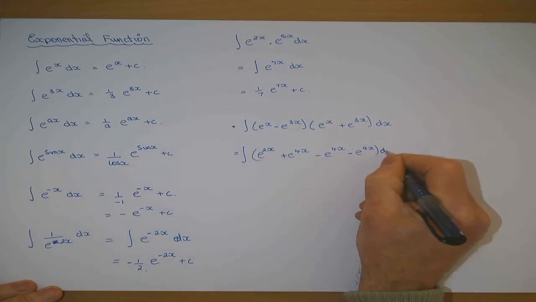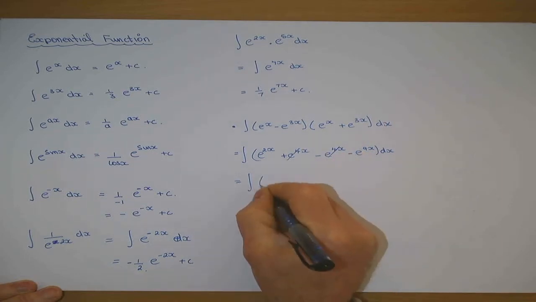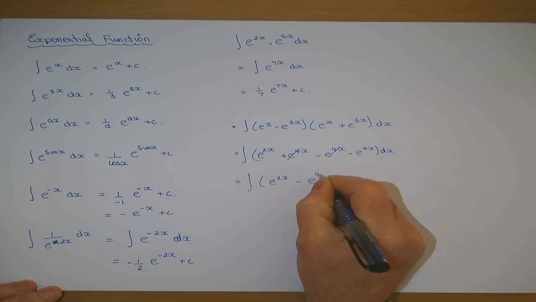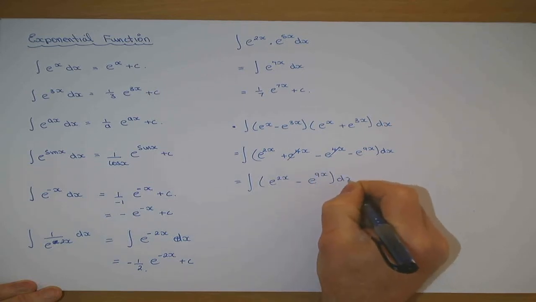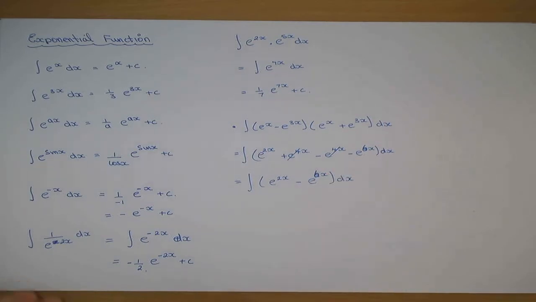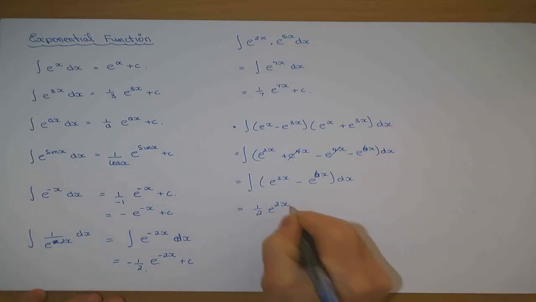I have no integration done yet. I just multiplied it out. They cancel. So it's the integral of e to the 2x minus e to the 6x dx. Alright? Which is equal to integrate e to the 2x, 1/2 e to the 2x.